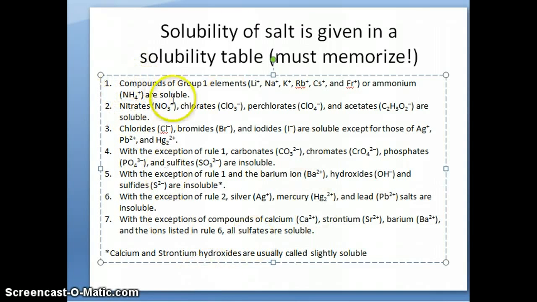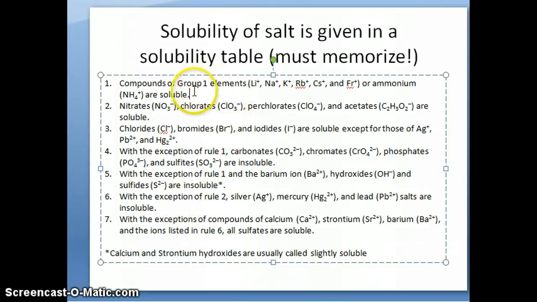So the solubility rules are given here. I don't want to read off each one of these, but you should memorize these and have them in your head when trying to determine whether a salt in front of you, an ionic compound, is soluble or insoluble.